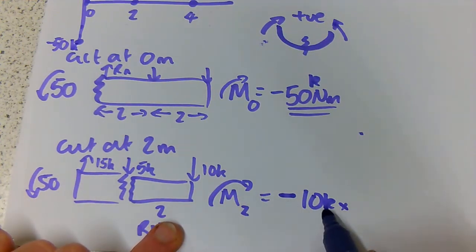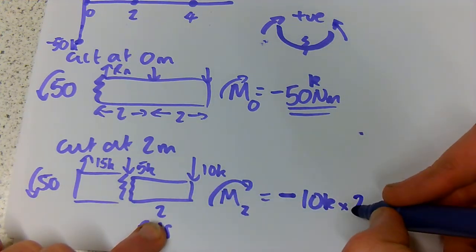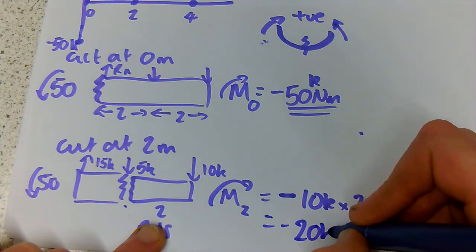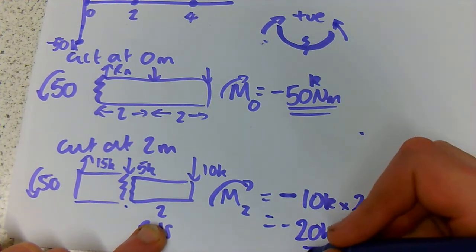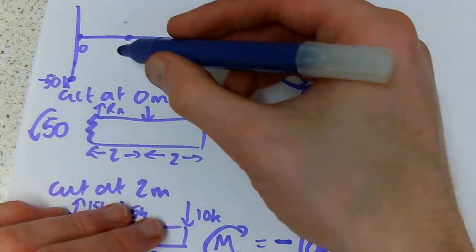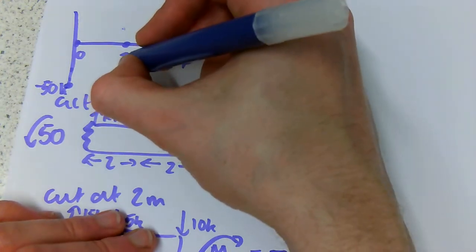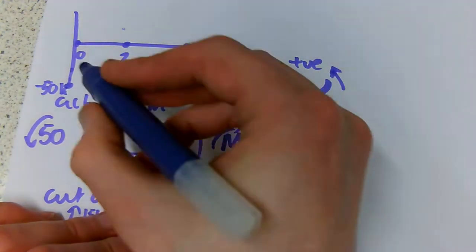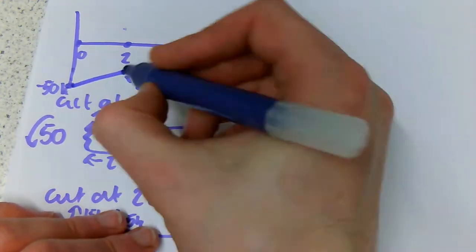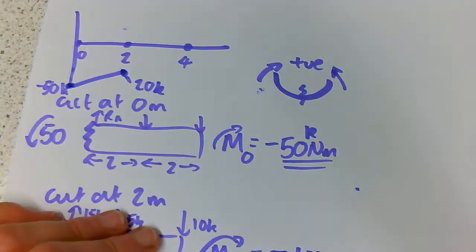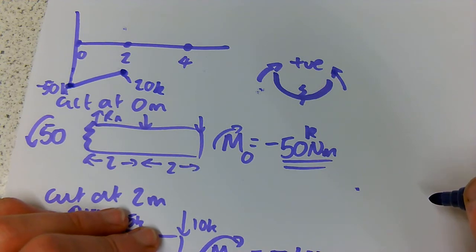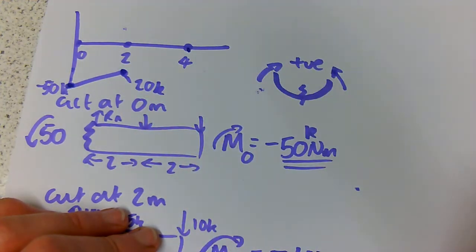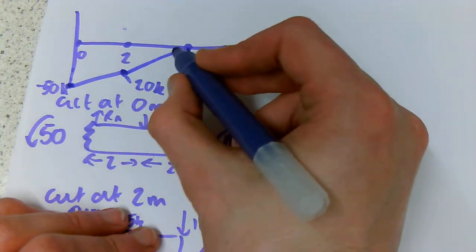Okay, so this is going to be 10k times its distance from our cut, which is 2. We can see it is minus 20 kilonewton meters. So our next figure we add to our diagram is minus 20 kilonewton meters, and we will join those two up with a straight line, and then we use our cheat, which is that the free end is equal to 0.